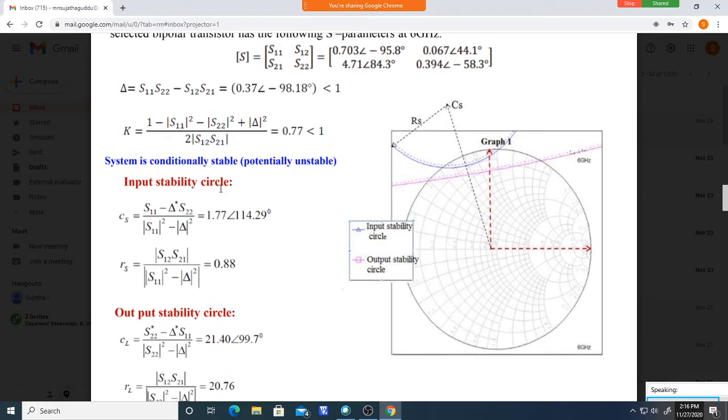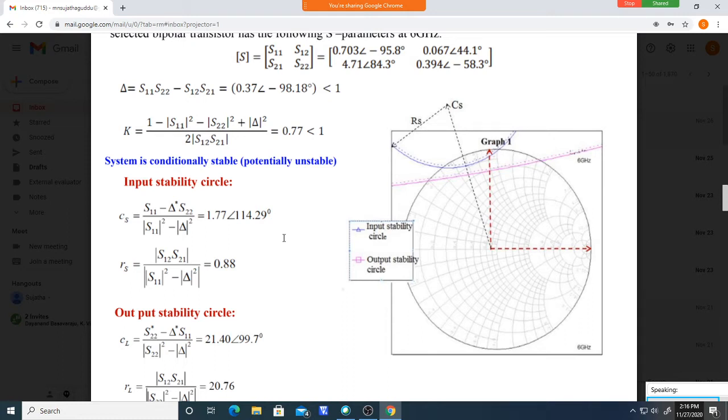Once it is conditionally stable, you should find out which values you can use for stable operation, because all values are not stable. Some values are unstable; if you use those, the system will become unstable. That's why you should find out on the Smith chart which values you cannot use while designing the amplifier for ZS and ZL.